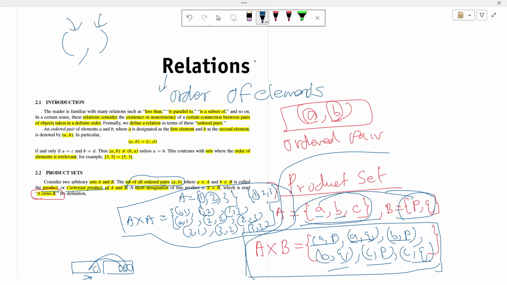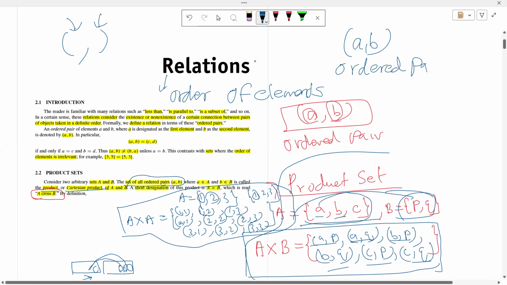So if you have two objects A and B, we can write this as an ordered pair.